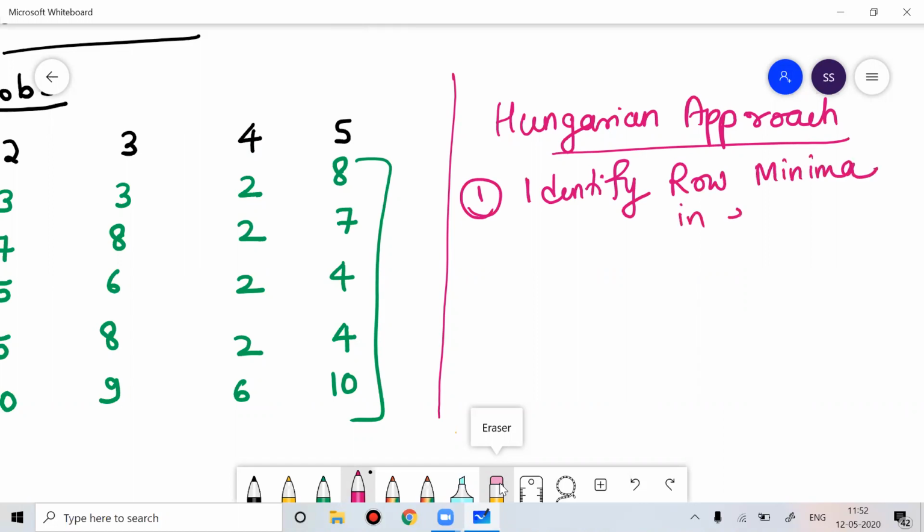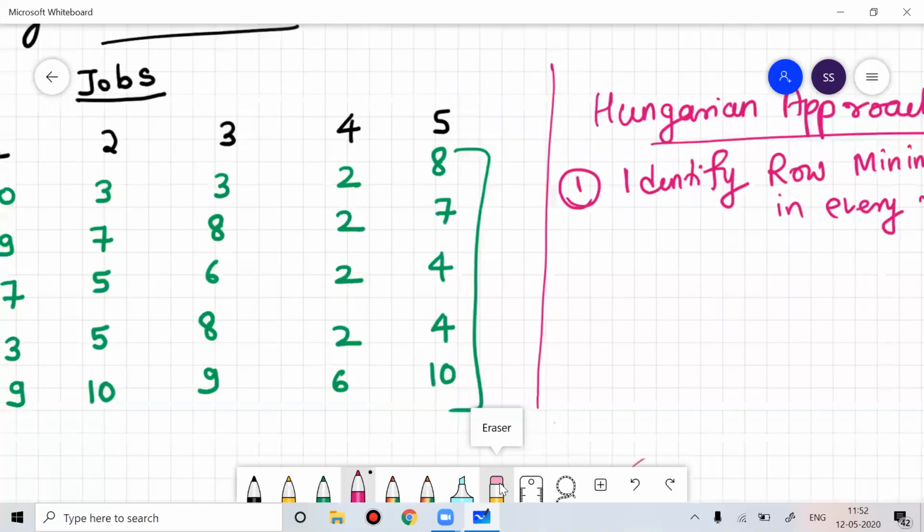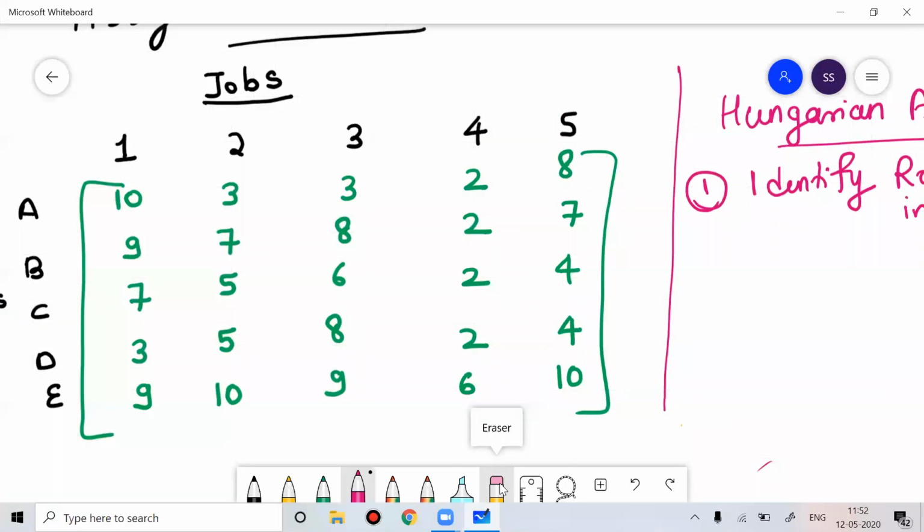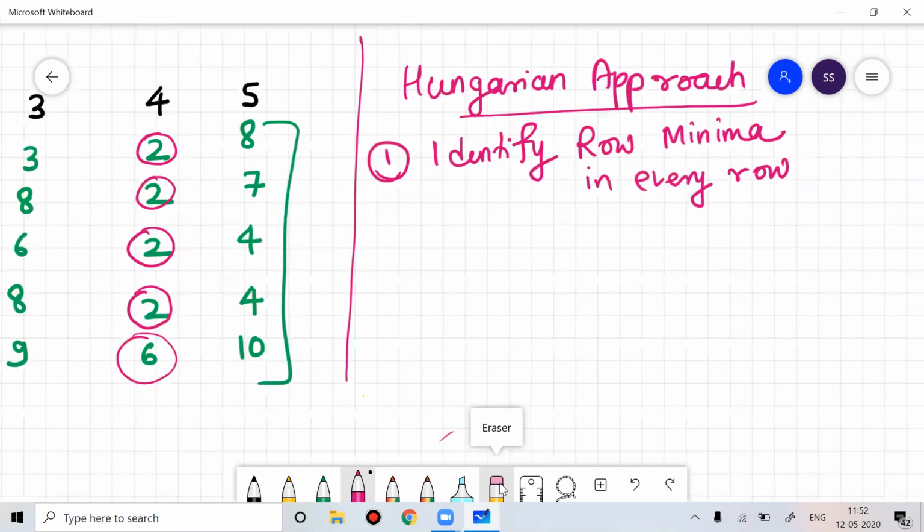In every row, you have to identify the element which is the smallest element. So one by one, you look into every row and find the smallest element. For every row, you have to identify the row minima.